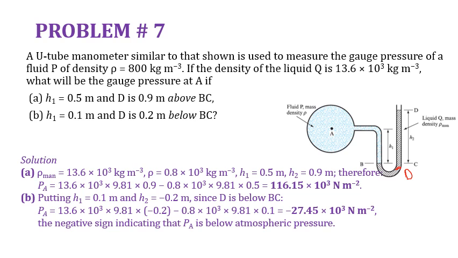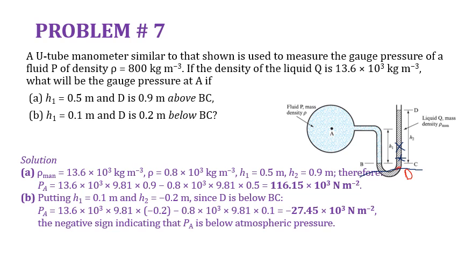The new datum must pass through the point D, because below D we know that the liquid has the same density, so the same height, so it will have the same pressure. And over here you do not have anything, so this all has to be removed. So D point is open to atmosphere.